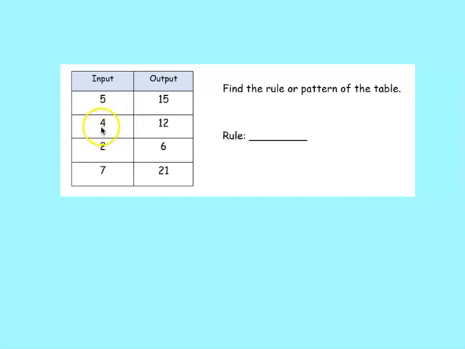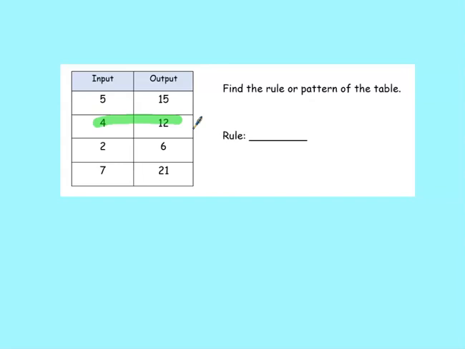So let's look at my next set of paired numbers. Let's look at the 4 and the 12 right there. If I'm still following that rule or that pattern, is 4 plus 10 12? No, it isn't. So plus 10 is not my rule.